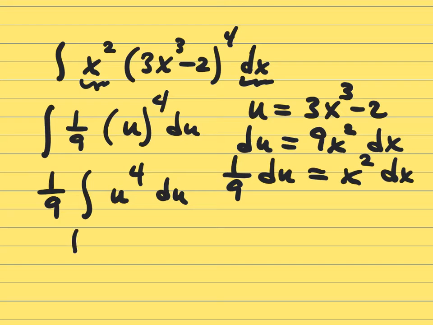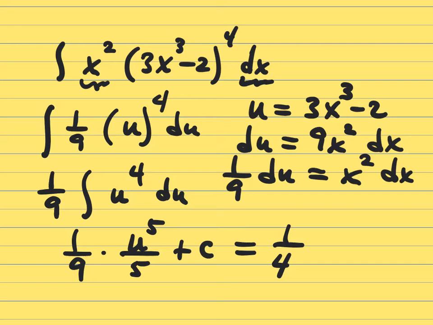And then now, add 1 to your exponent, divide by the result, plus your constant of integration, and then, like on the last slide, put the original terms back in for u. I'm going to go ahead and call that 1 over 45 just to clean it up. And then we can put that original group of terms back in, plus c.